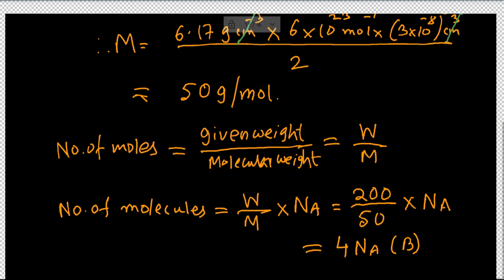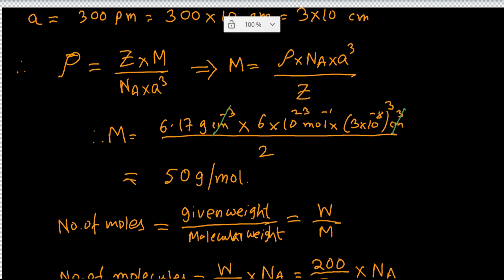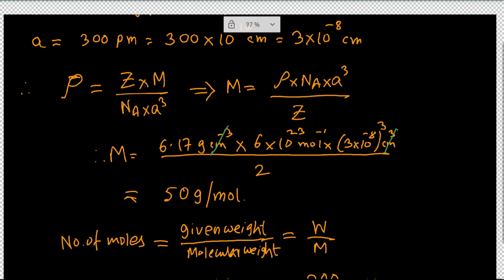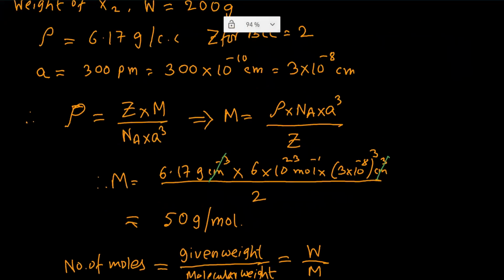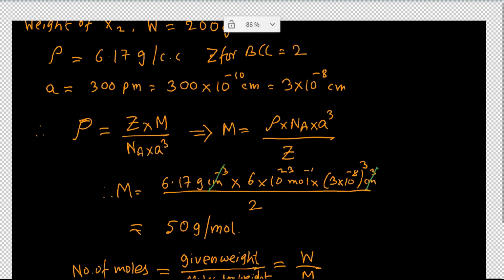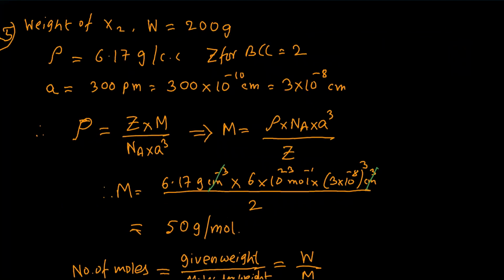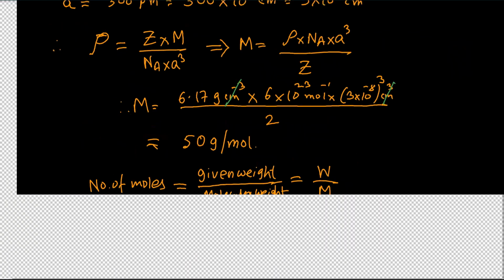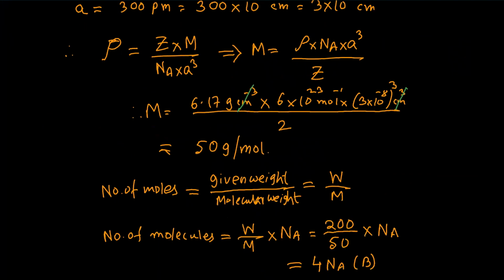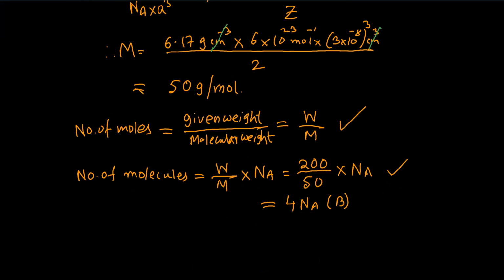So this is a bit long calculation, but you have to solve it patiently. Okay, don't rush, otherwise your answer will be wrong. Okay, this is question number 5. Right? You just have to know these two formulas, number of moles and number of molecules.